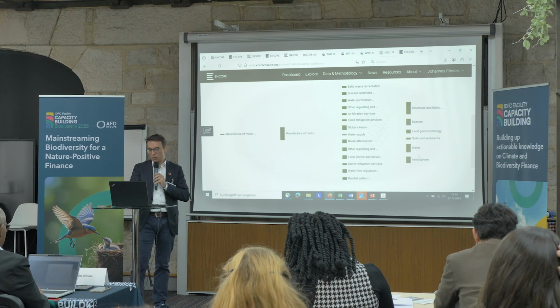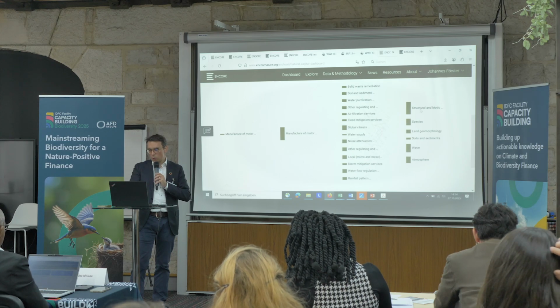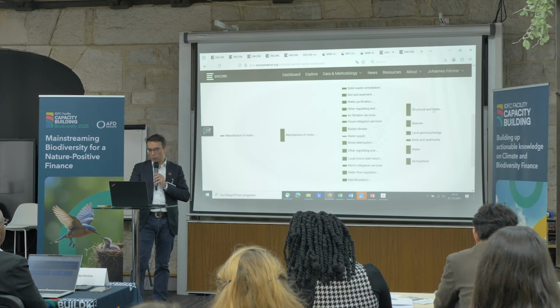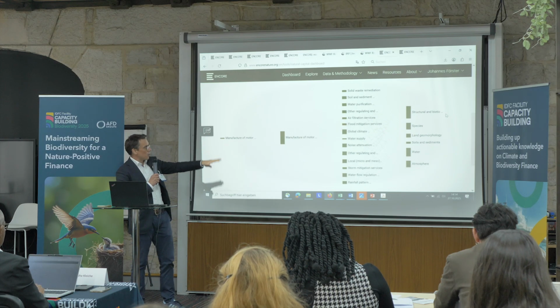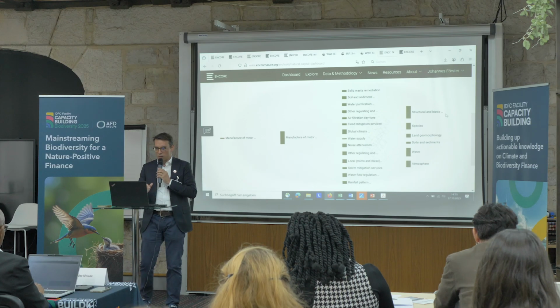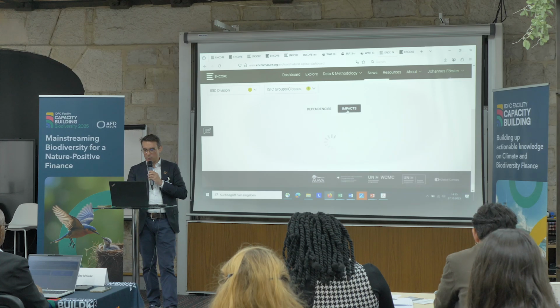So on water, atmosphere, soils, particular species dependencies, or more structural aspects of nature. And you see that overall it's a quite large range of different ecosystem services one can depend on, and the same you can also look at in terms of impacts.